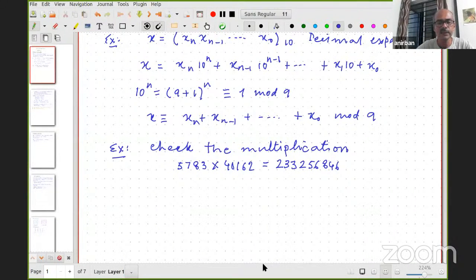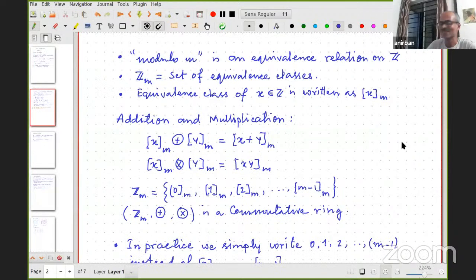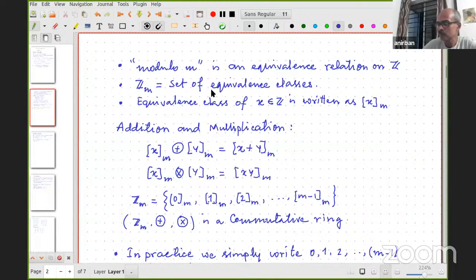So I would just go to a formal definition which I have already written down. My live handwriting is bad, so I wrote a few lines. By modulo m, two integers are congruent modulo m if their difference is divisible by m, where m is a positive integer, at least one.